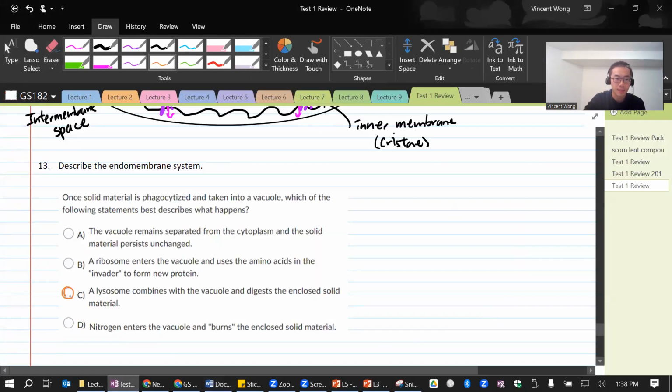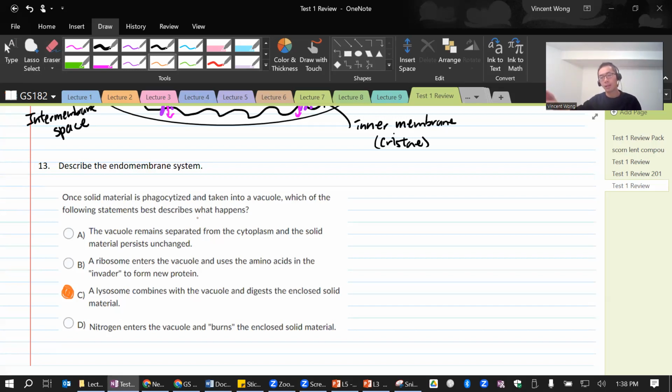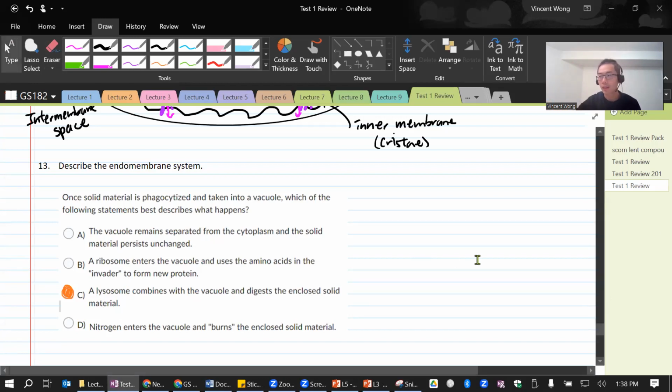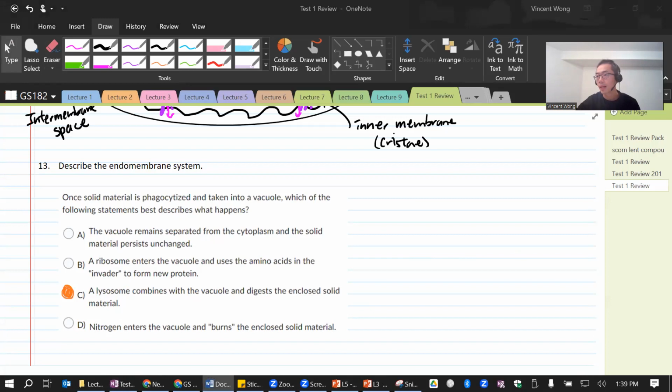And that is the answer, C. A lysosome combines with vacuole and digests the enclosed solid material. Ribosome does not have anything to do with vacuole, okay? Ribosome just makes protein regardless, as long as there is amino acid available and the mRNA. Okay, so that is that.